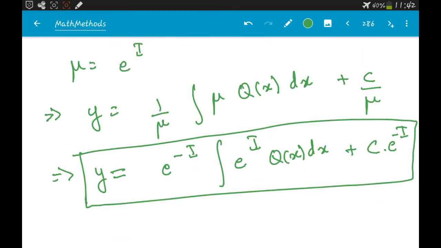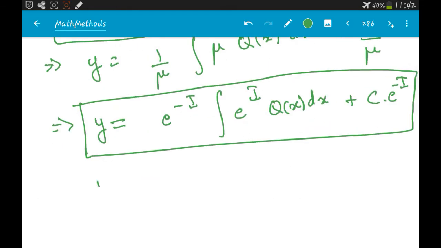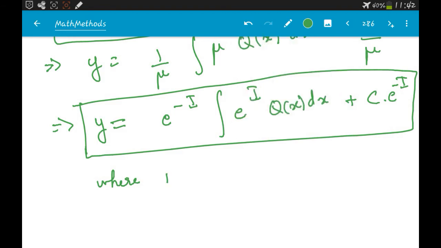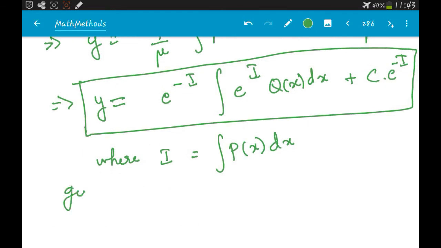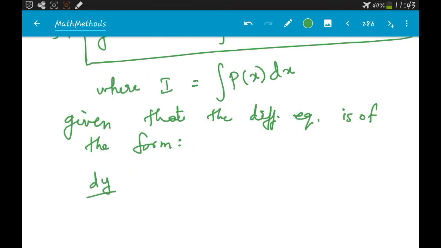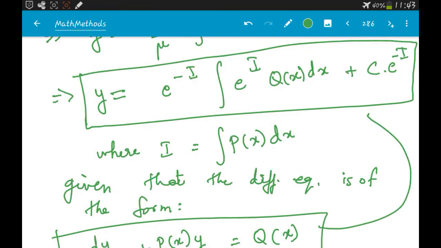The integrating factor is mu, which is e power I. And if this is the integrating factor, then this is your formula for y, where I is equal to integral of p of x dx, given that the differential equation is of the form dy by dx plus p of x into y is equal to q of x.